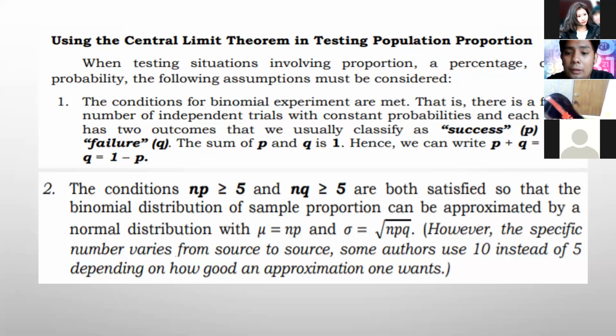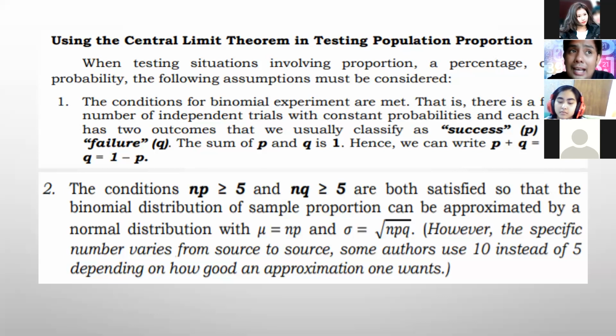So kapag na-confirm natin na nasa normal distribution siya, pwede natin ma-compute ang kanyang mean as n times p at ang standard deviation niya as the square root of npq. Okay? Kasi hindi natin pwedeng sabihin na mu equals np and standard deviation is the square root of npq kapag hindi pa natin nami-meet ang certain number of sample.